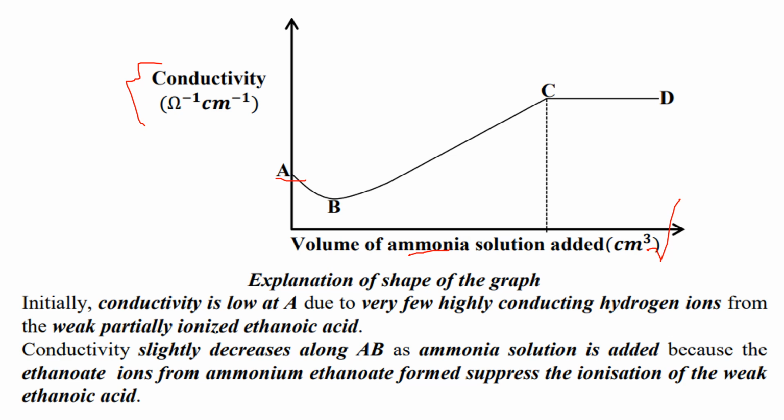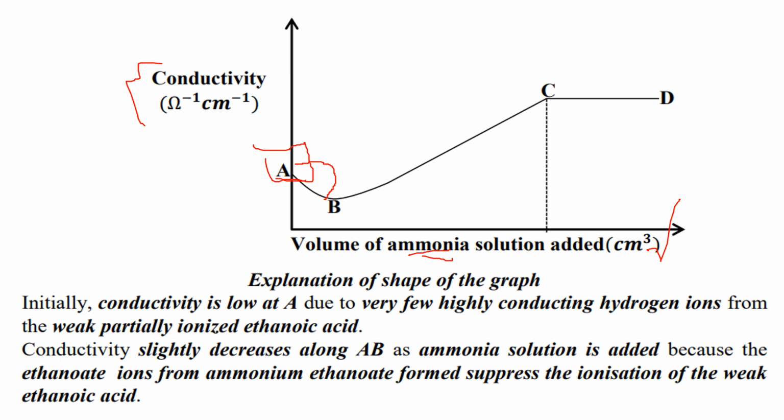That's why conductivity is generally lower at this point. And then if you go along AB, the general decrease along AB is because as we're adding ammonia solution, it starts to neutralize the fast-moving ions that are coming from our ethanoic acid, which has been partially ionized.